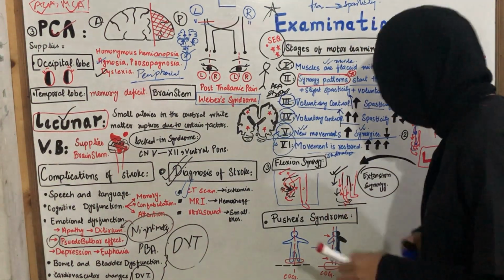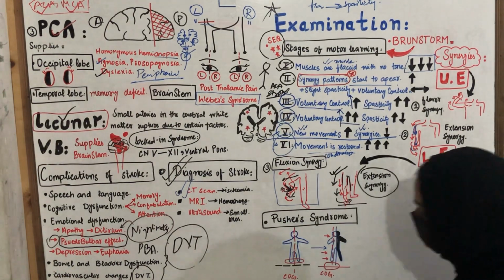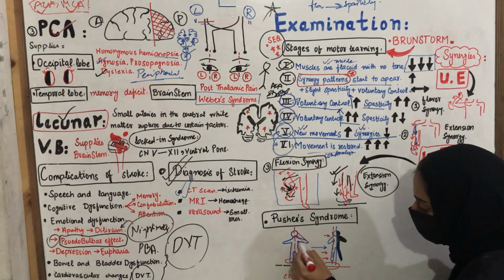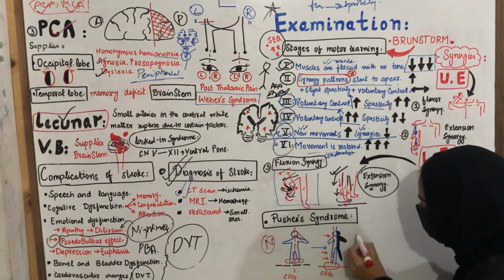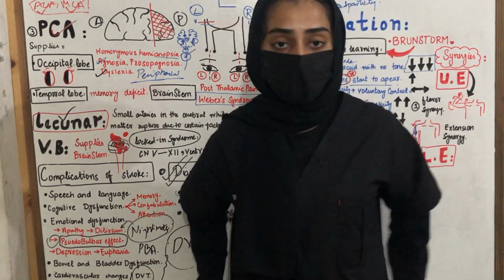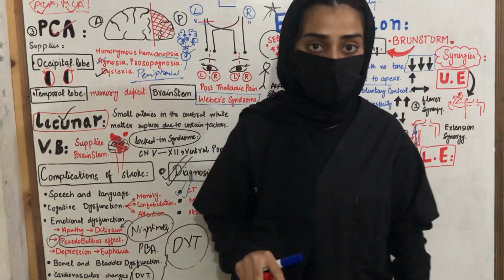So, about pusher syndrome. Pusher syndrome is when half of your body is affected by stroke. This is a normal body, right? And this is an abnormal body. When you stand up, there's a segment in your brain that controls your center of gravity.